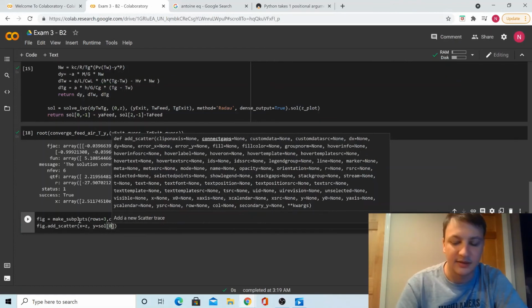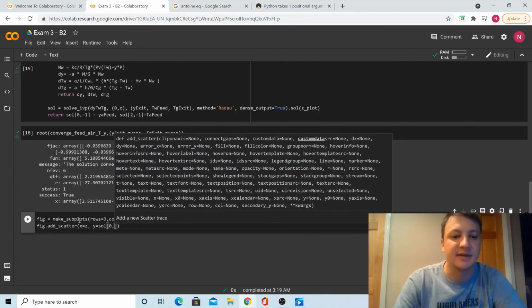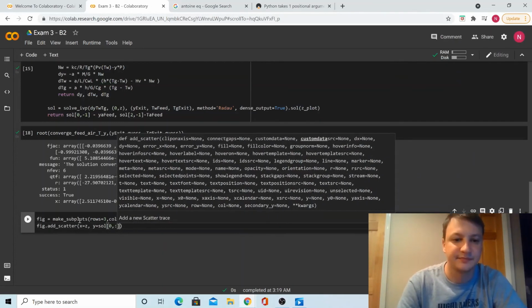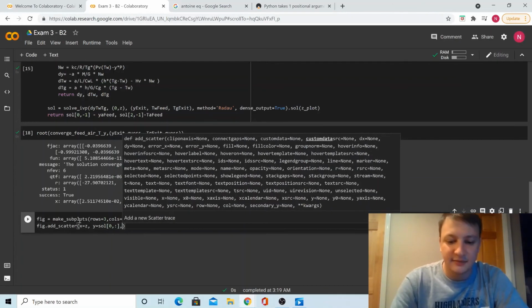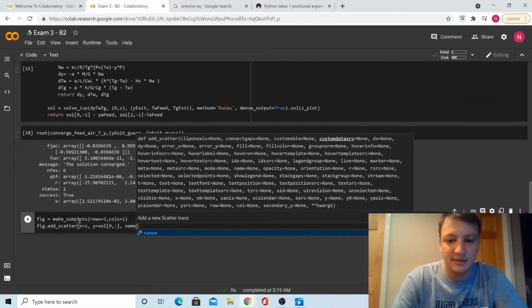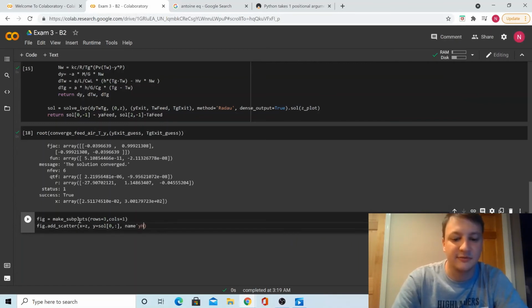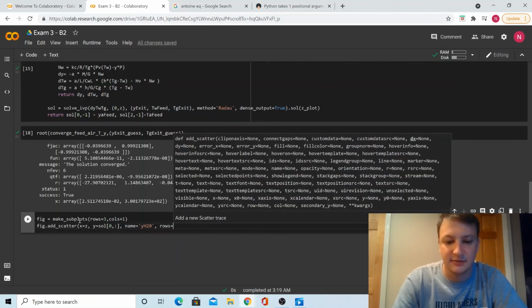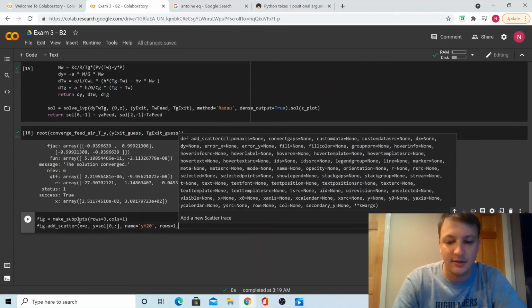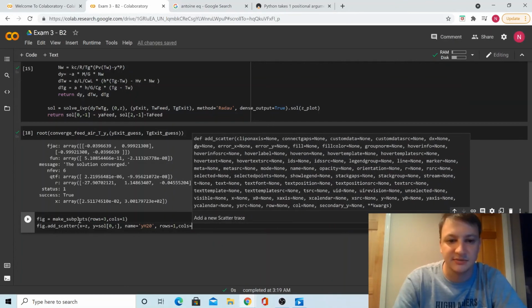And then we want all of those, which is the same as colon. Given that, we then will name the graph for the mole fraction of water. And we're going to set the rows equal to 1 and the columns equal to 1 as well.